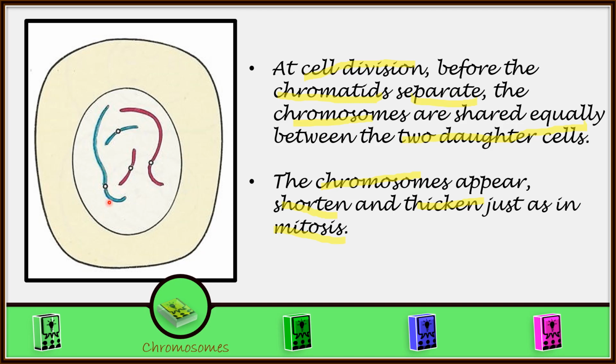And when they become short, they will become thick. And when they become short and thick in the nucleus, they will start to become visible. We shall be able to see them in the nucleus because they have become short and thickened.